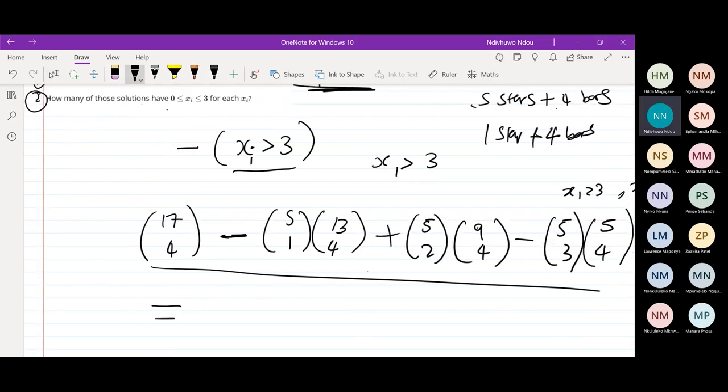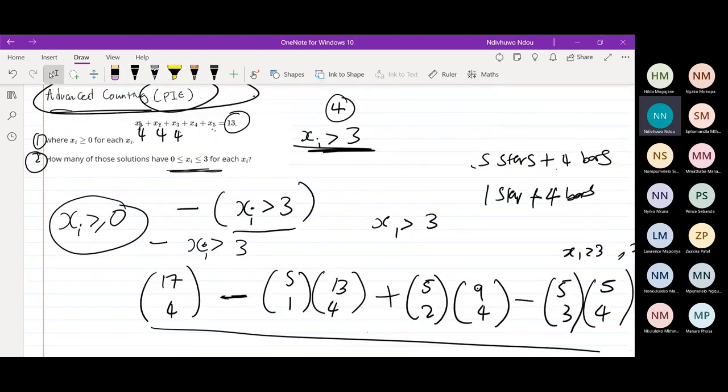How many solutions will be between 0 and 3? What we did really is to say, okay, let's count all those that are greater than 0, and we counted all of them. From all those that are greater than 0, let's go and remove those where xi is greater than 3. And we realized something, that it was impossible for us to give each of them 4 because we were limited to 13.